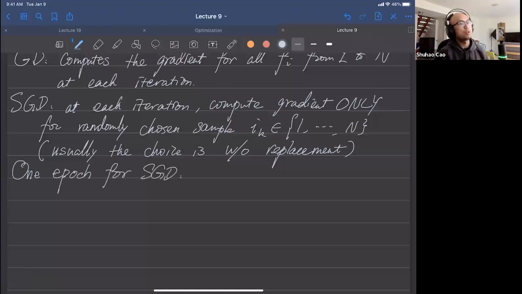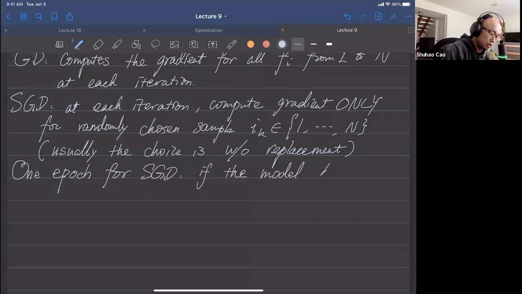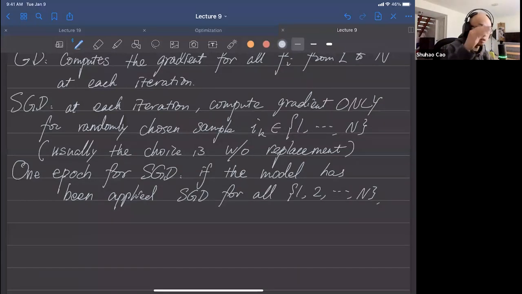So one epoch for SGD is: if the model has been applied SGD for all samples, sample 1, sample 2, up to n, we call this training procedure an epoch.